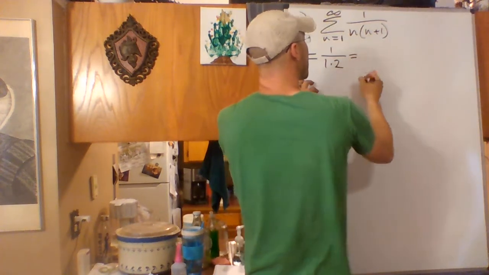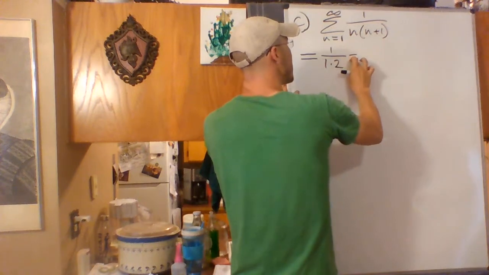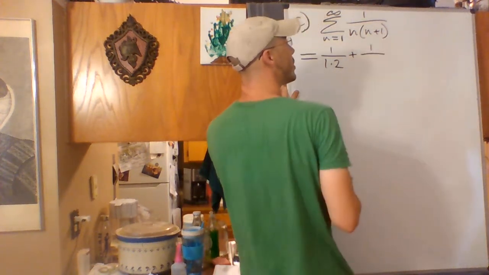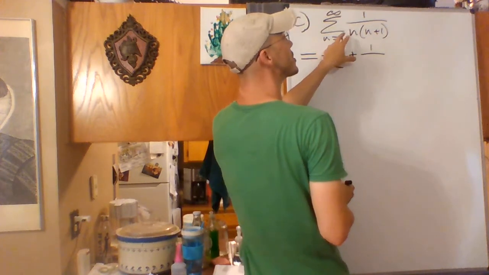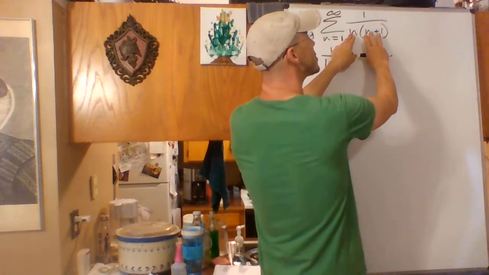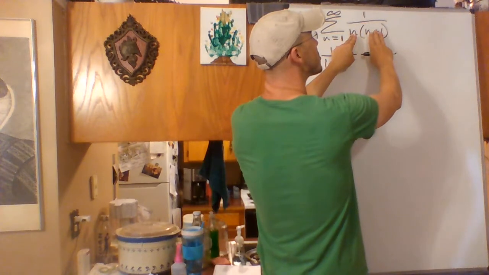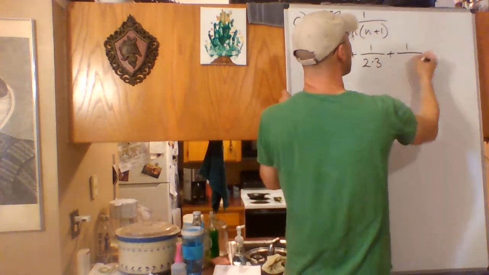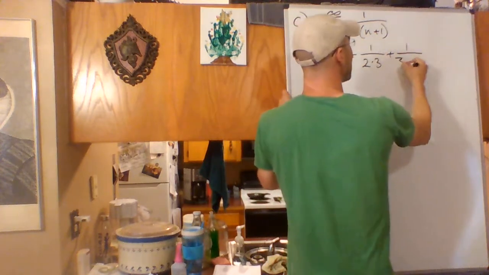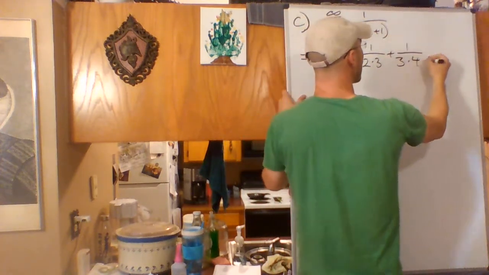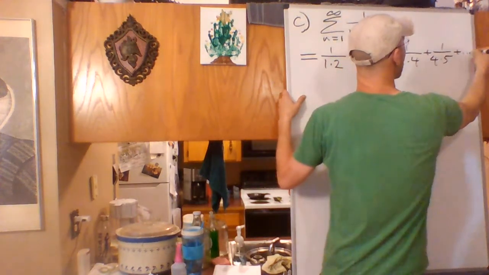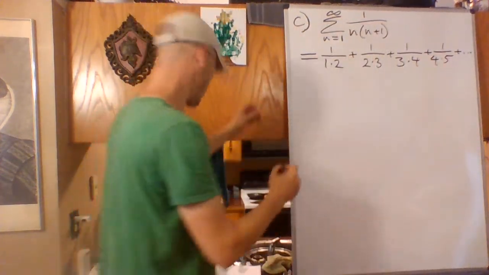And I'm going to write it like that at first. And the second term, 1 over, n is 2 for the second term, 2 times 2 plus 1 is 3, 2 times 3. The next term, n is 3, so 3 times 3 plus 1 is 4, 1 over 3 times 4, and so on.